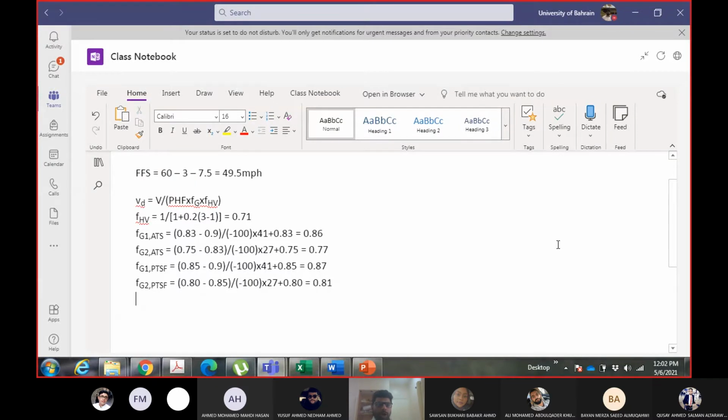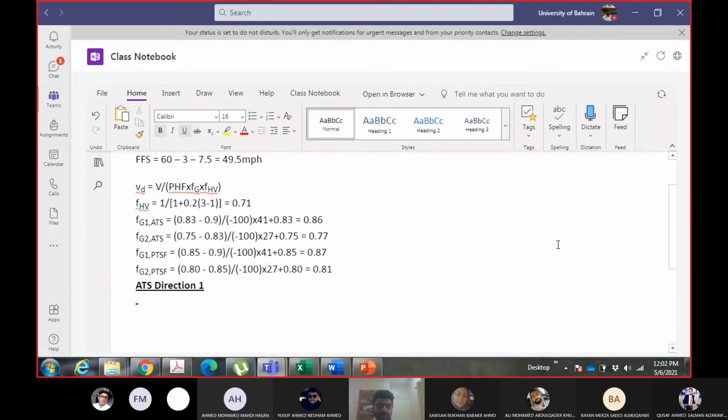I'm doing it for ATS direction 1. Then I will do it for ATS direction 2, so it will be easier and cause less confusion. For direction 1, I'm calculating VD and V naught. So VD is 300, 0.88, peak hour factor remains the same.